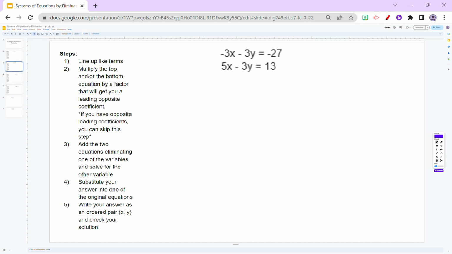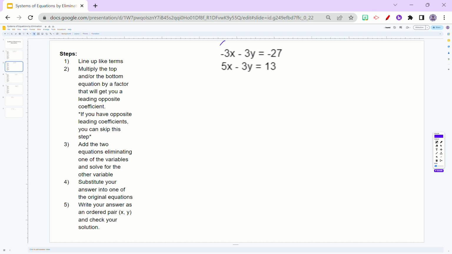That will require you to think of what number you can multiply either the top equation or the bottom equation, or even both, in order to have opposite leading coefficients. In this case, I'm going to pay attention to the negative 3y's, because all I have to do is multiply either equation by negative 1, and that'll make the negative 3y positive.